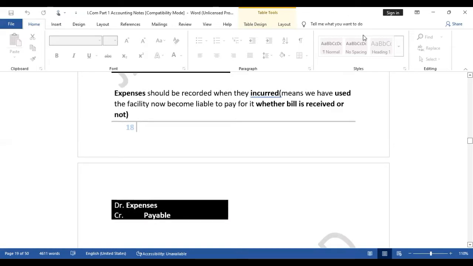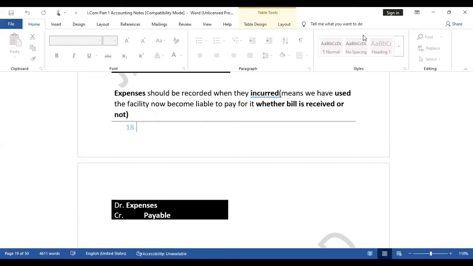Now, what happens when an expense is incurred but not paid? As with income, the expense should be debited because the expense has already been incurred, but it has not been paid in cash. Therefore, we cannot credit the cash. We will credit the payable account.